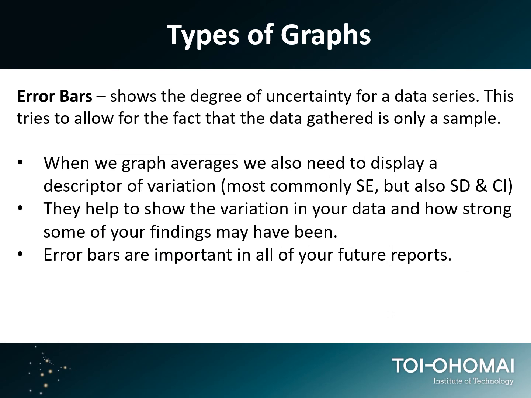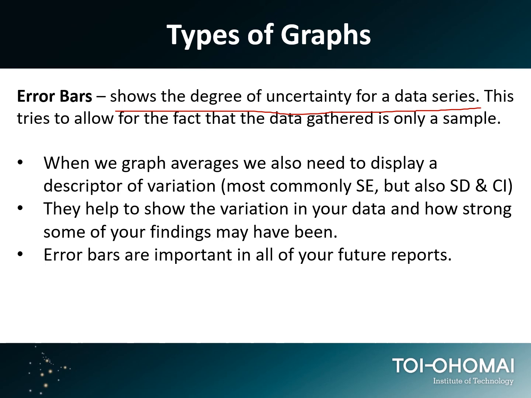And finally, just essentially recapping what we just said, error bars show the degree of uncertainty for a data series. Okay, that again is based on the fact that we only took a sample. We didn't measure every single individual. If you had a mean but you'd measured the entire population, you wouldn't need an error bar.